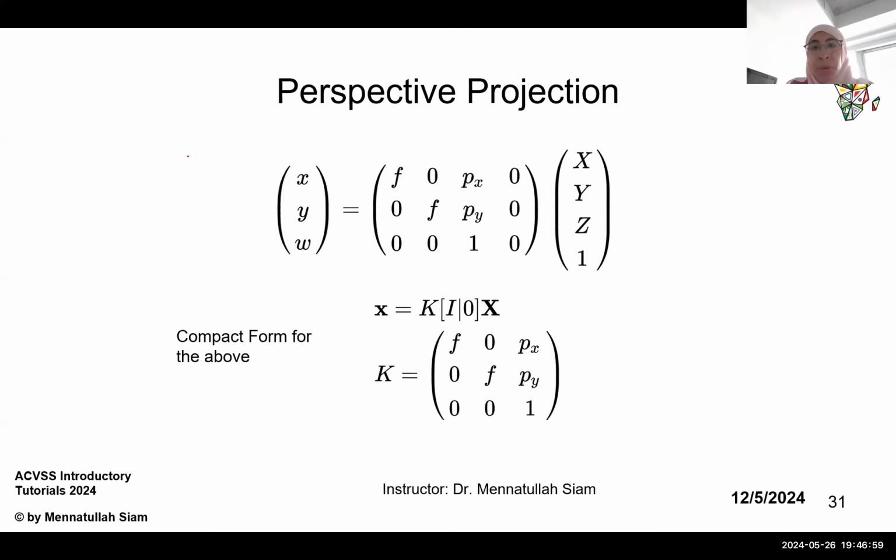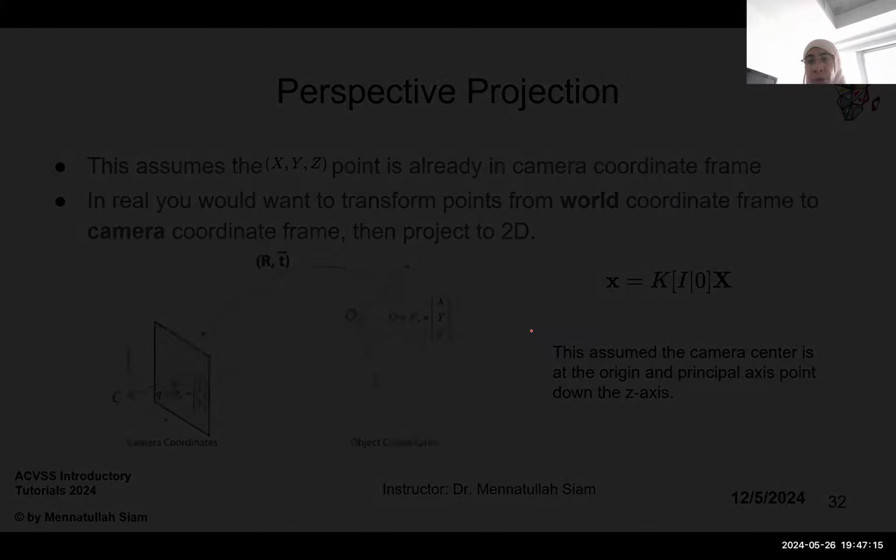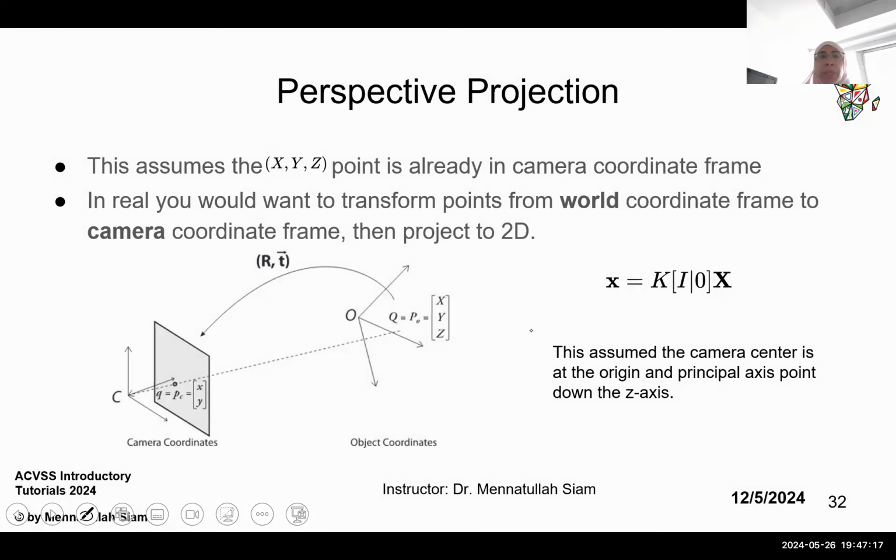So now our K, remember this representation we talked about? This 3 by 3 matrix here not only has the focal length, it also has the principal point. So that's another thing we need to take into account when doing the projection. But here's the thing: we always assumed this XYZ is already in camera coordinates.